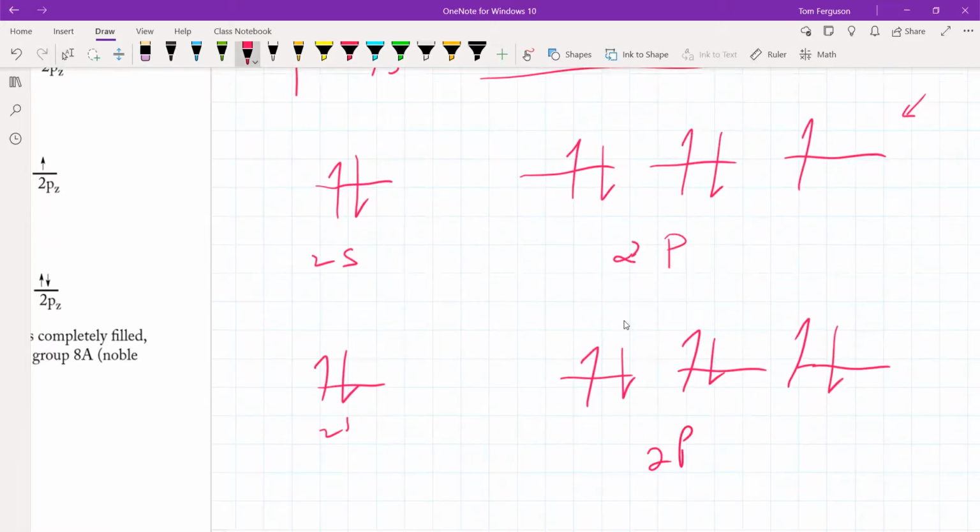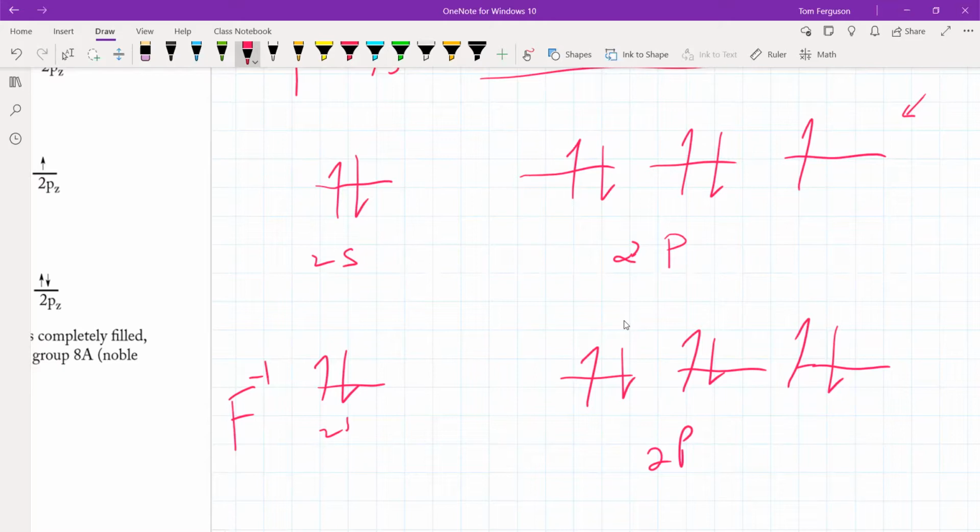As soon as you gain that electron, it becomes a full shell, super stable. So this would be a -1 anion. What it's doing is gaining an electron to become more stable, and it becomes really stable because the whole shell is full now.